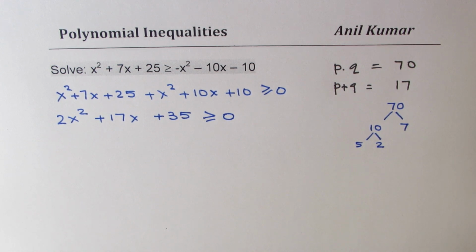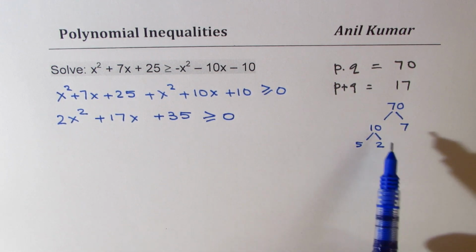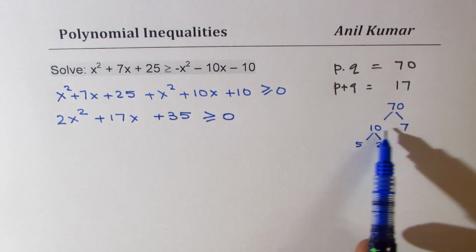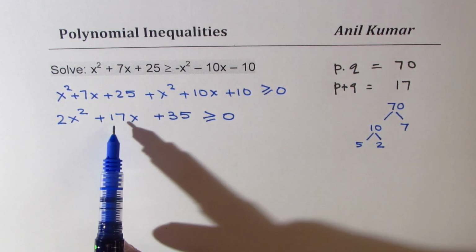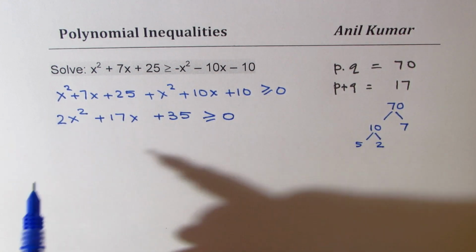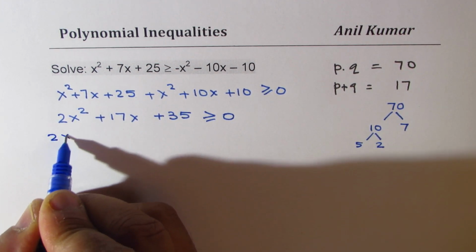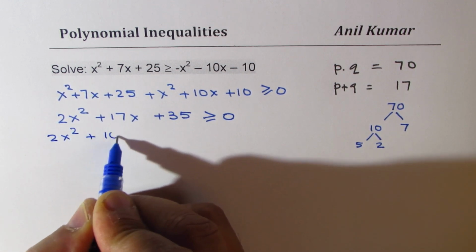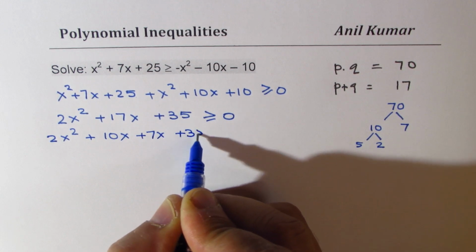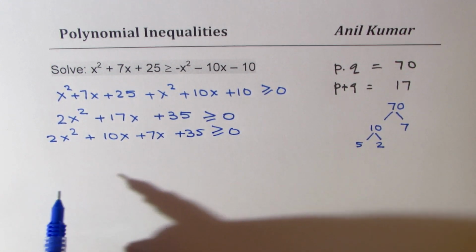That's the whole idea. So 10 and 7 can give us that. So right there we have this combination. So we will split 17x as 10x plus 7x. So I could write this as 2x squared plus 10x plus 7x plus 35 is greater than or equal to 0.